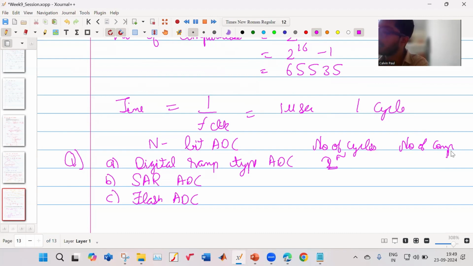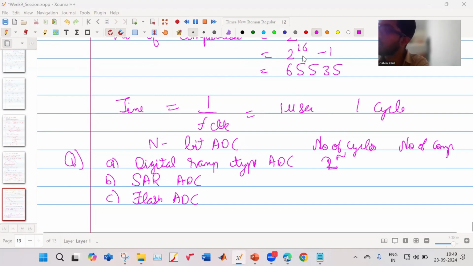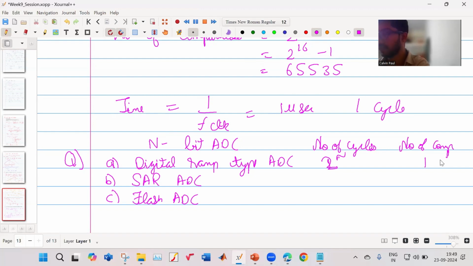I require only one comparator. In the SAR ADC, how many cycles are required? I require n cycles, and again one comparator. And in the flash ADC, I require one cycle, but now I need 2 raised to n comparators.